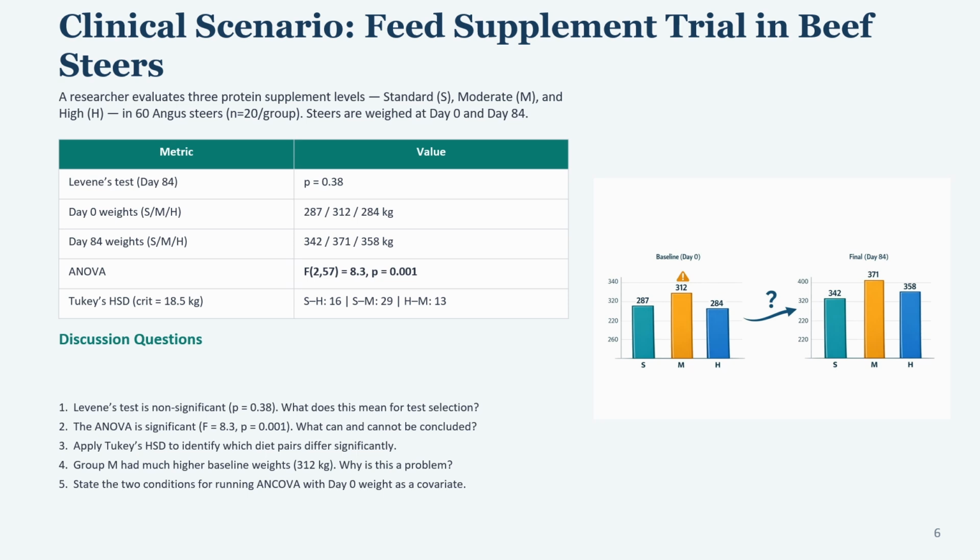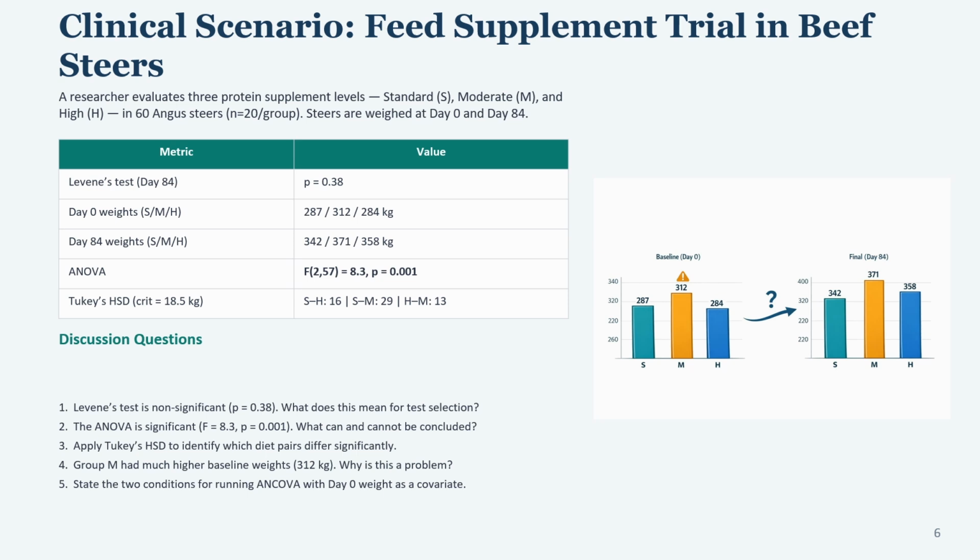Question 4. Group M began the trial with average weights 25 to 28 kilograms heavier than groups S and H. Because starting weight strongly predicts ending weight, Group M's higher final weight is likely partly or entirely explained by its baseline advantage, rather than the supplement itself. This is confounding.